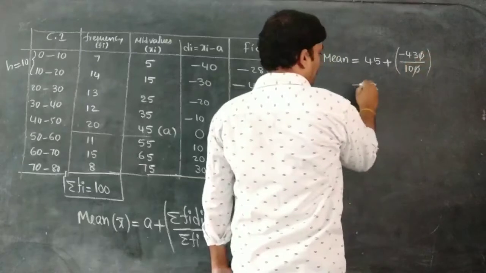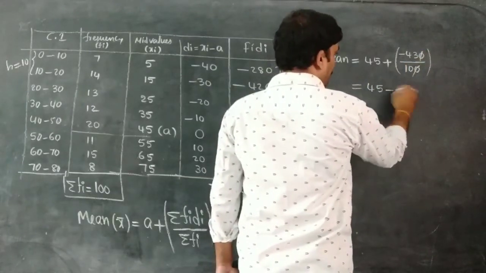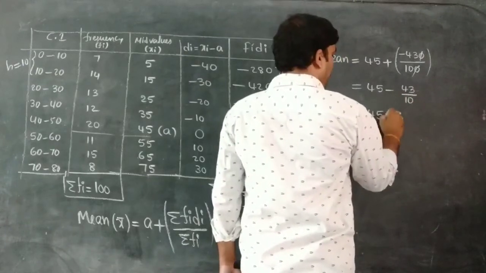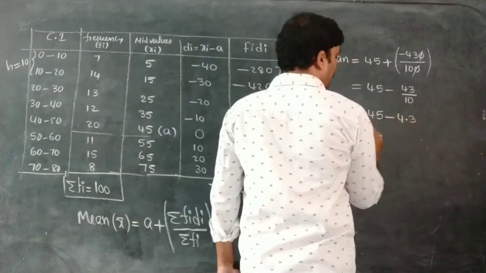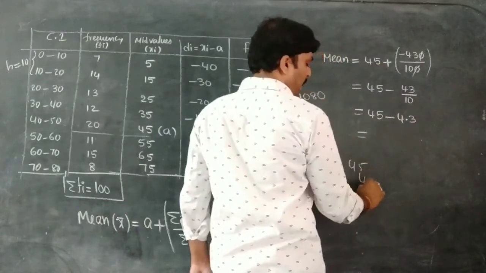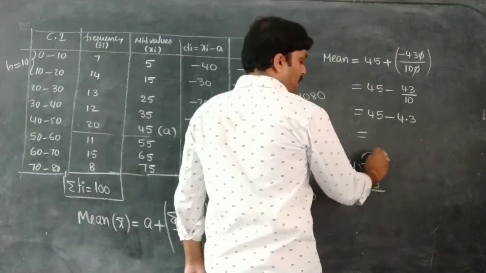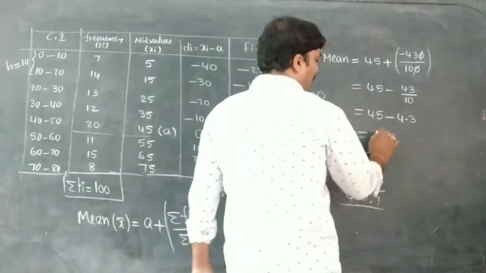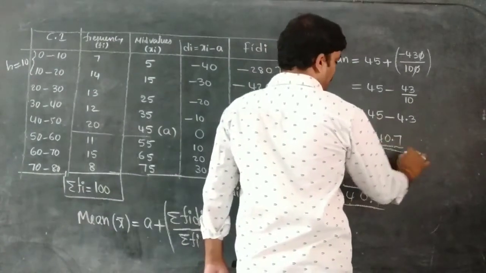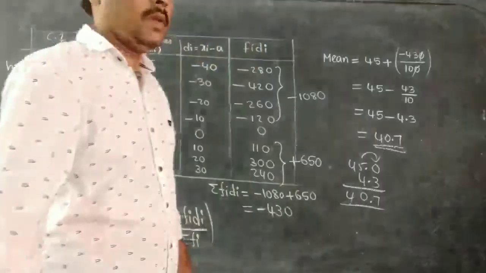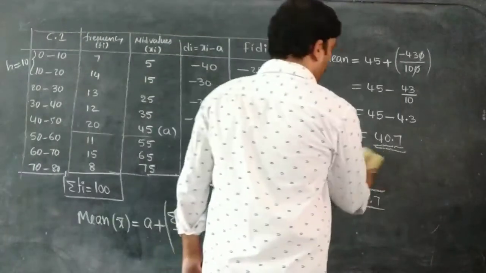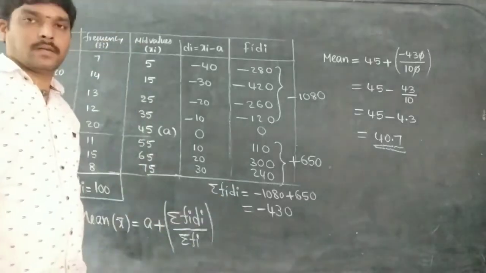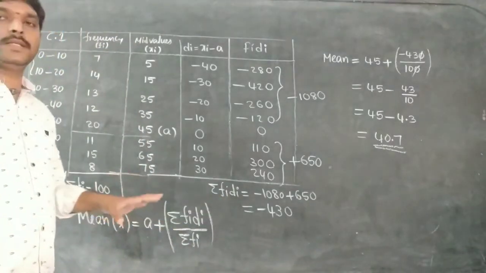The zeros cancel. 45 plus minus 43 by 10. Now 45 minus 4.3, both subtract. We get 40.7. Exact answer 40.7. In the direct method also we got the same answer. In the assumed mean method also we got the same answer. So with any method, the final answer for the mean is the same.